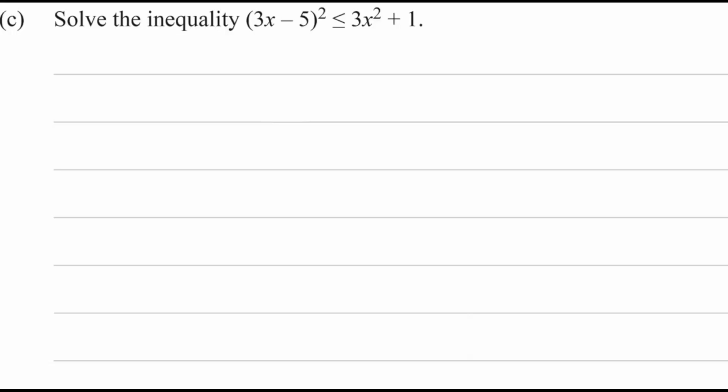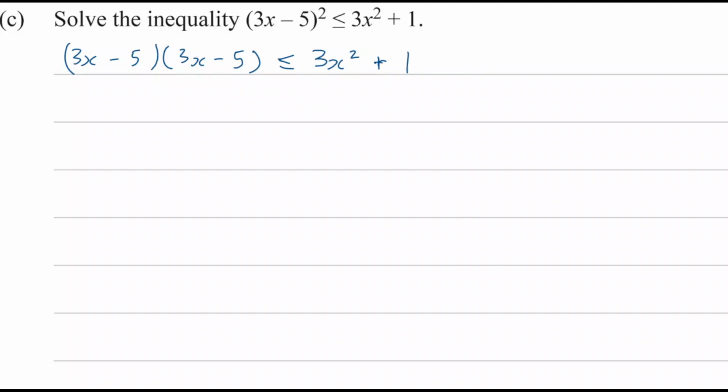However, we're in level 1, so we can solve it algebraically. To do so, let's expand the left-hand side first. 3x − 5 squared is times itself like that. We can't simplify or expand the right-hand side because those are unlike terms, and that's already expanded.